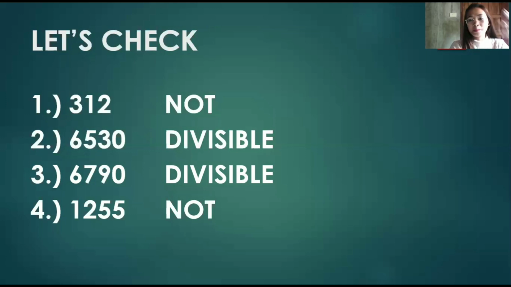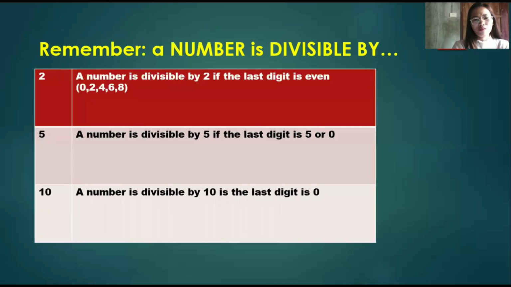Now, from the topic that I have discussed, you have to remember this as a whole. So, what was it earlier? For the divisibility rule for 2, we have to remember, keep in mind, a number is divisible by 2 only if the last digit is even. Even means pairs, or in short, not odd.